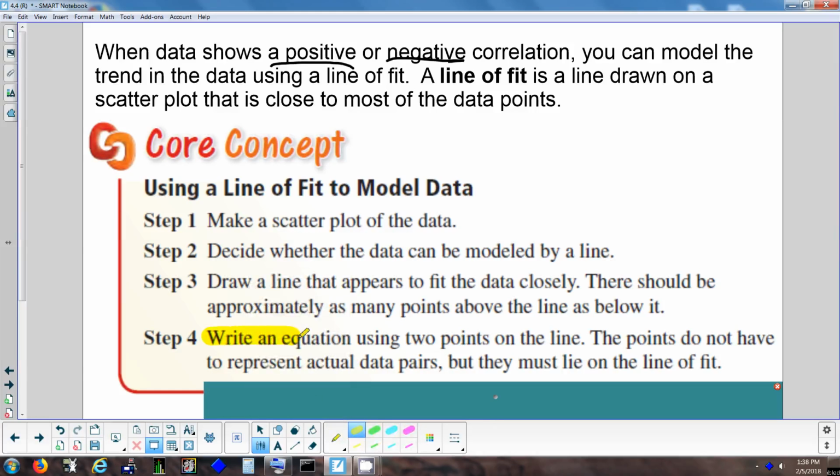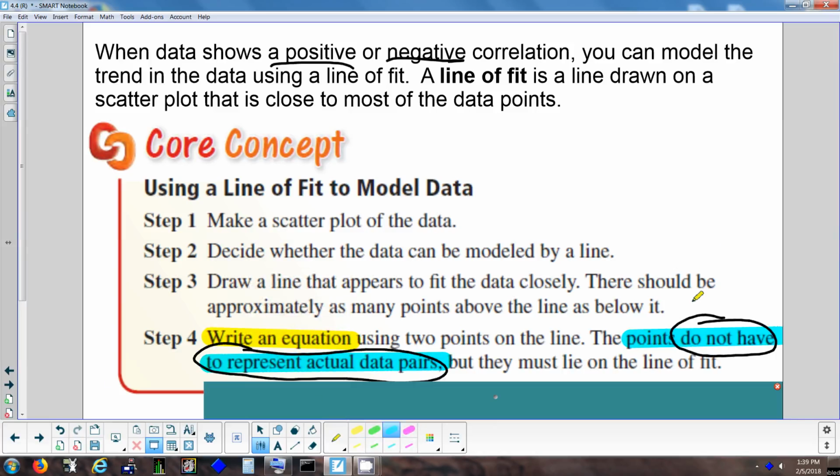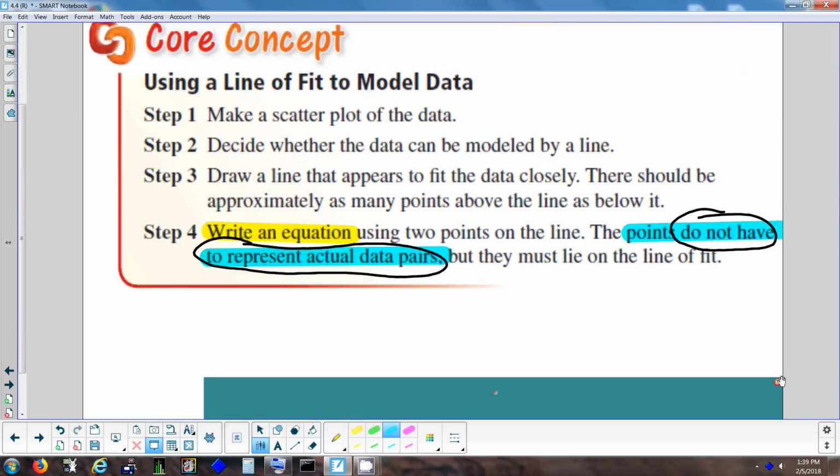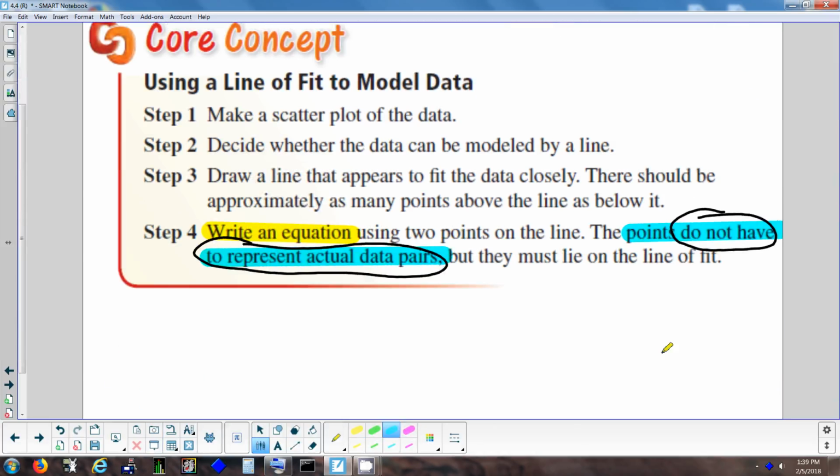Now, the most important thing, and this will make more sense when we actually do it: the points do not have to represent actual data pairs. What that means is, when you draw your line, it doesn't have to go through a dot perfectly. But they must lie on the line of fit.